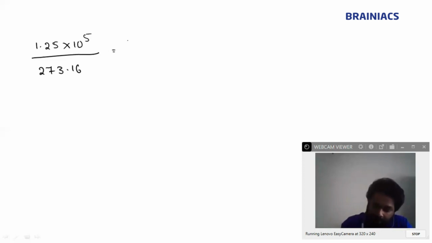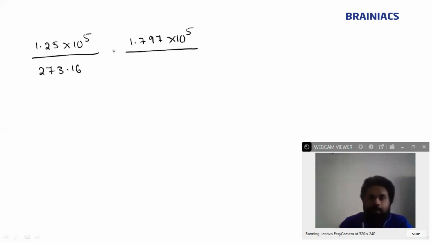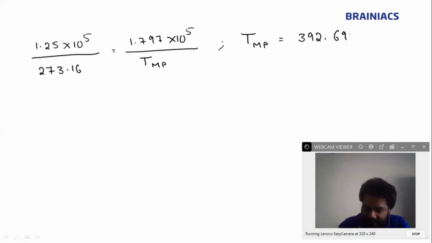This is equal to 1.797 into 10 raised to 5, the pressure at normal melting point of sulfur, divided by the normal melting point temperature. If we calculate T_MP, we will get 392.69 Kelvin. This is with the first thermometer.